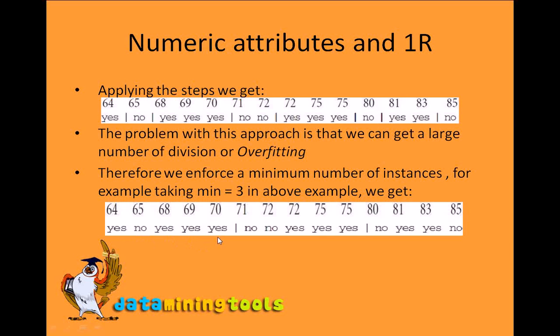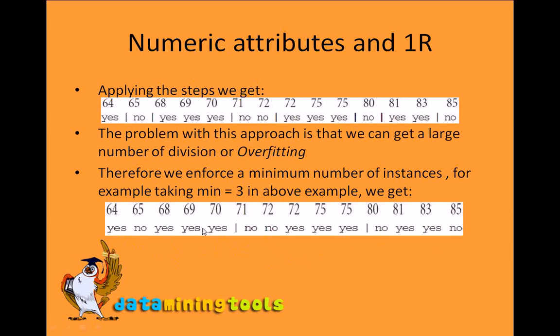And over here, since we have min equal to 3 yes instances, we have our division. And you can see the majority class in this division is yes, and the majority class in this division is also yes. And here the number of yes is equal to the number of no, so we can take either of them. We'll be taking no.